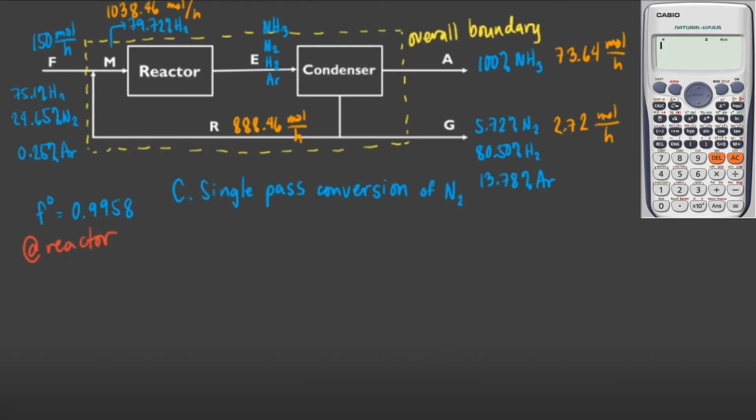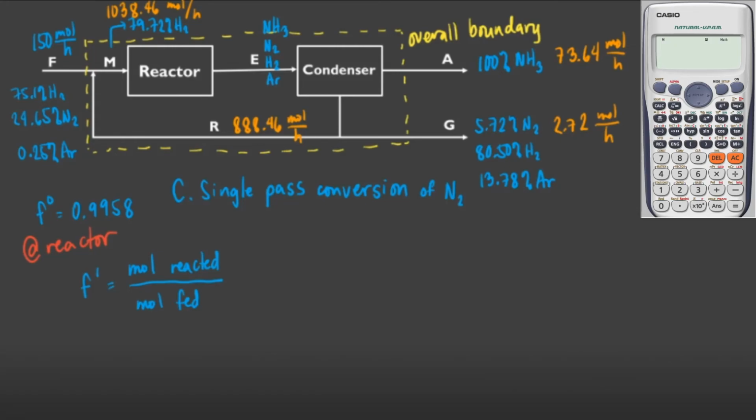Now, before we figure out the amounts of the components of the effluent stream, let us define the single pass conversion. The single pass conversion, that is F1, is equal to the number of moles reacted divided by the number of moles fed. Both of these parameters pertain to the limiting reactant.